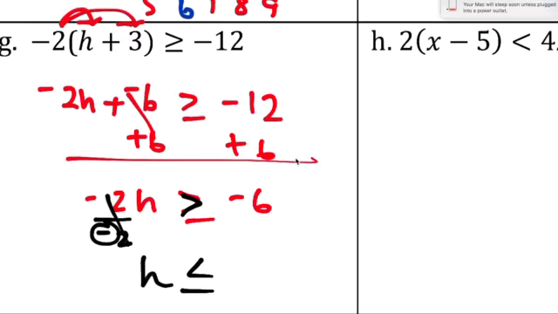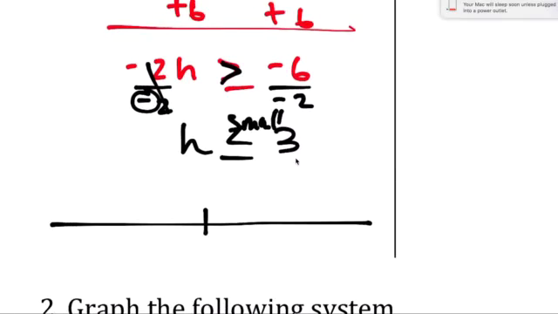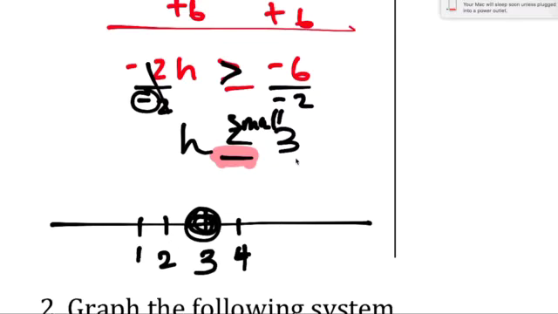H divided by negative 2, that gets you 3. So numbers that are smaller than 3. Here's 3, close it because of this equal to. At 3, smaller than 3, here's 2, here's 4. So 2 is smaller, 1 is, 0 is, so all numbers going in this direction. Put an arrow at the end.